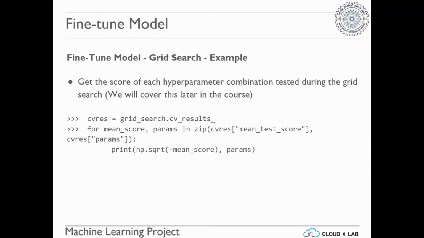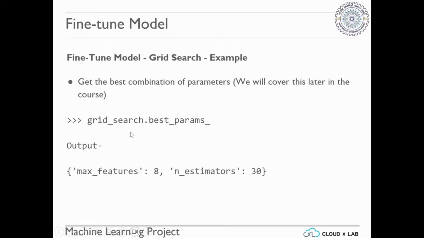Yes. And if you want to print these results for all combinations, you can do that also, right? If you use dot best underscore params, it will give you the best values of the hyperparameters.